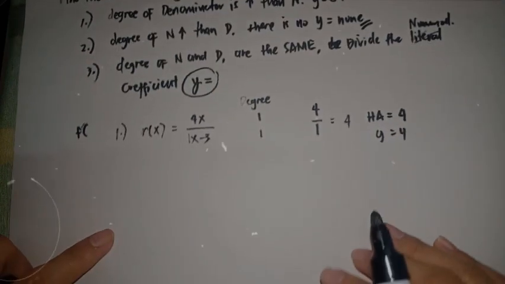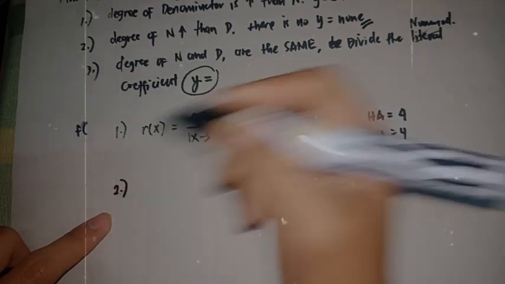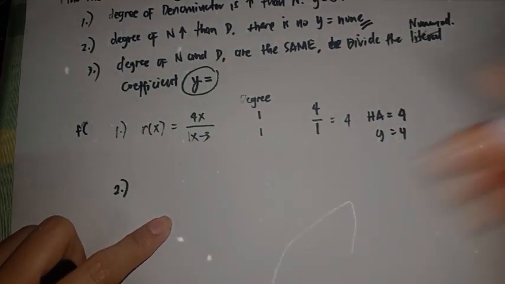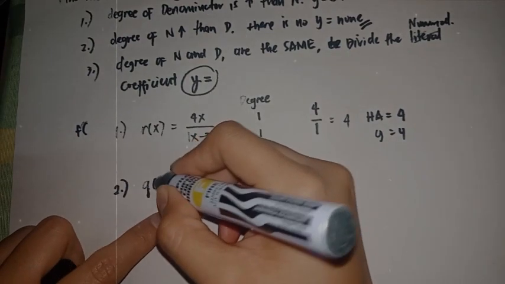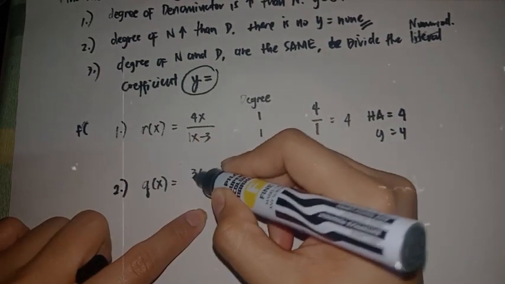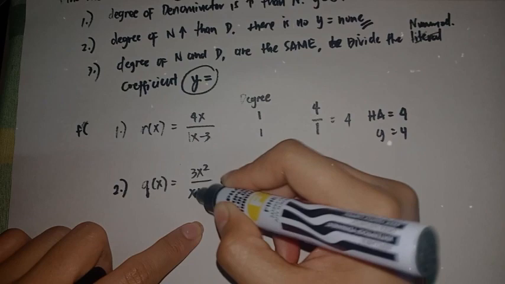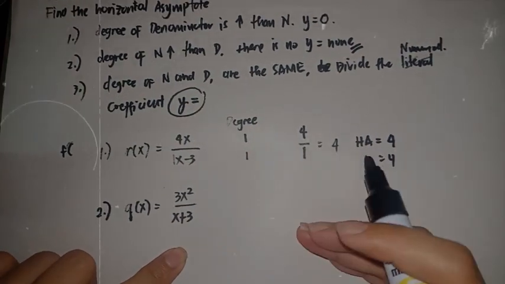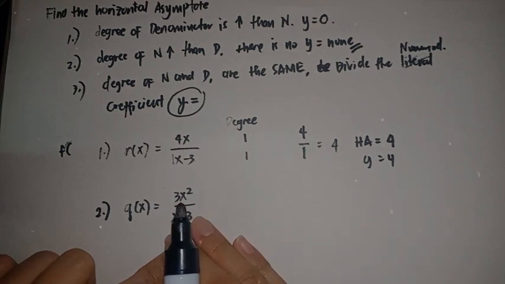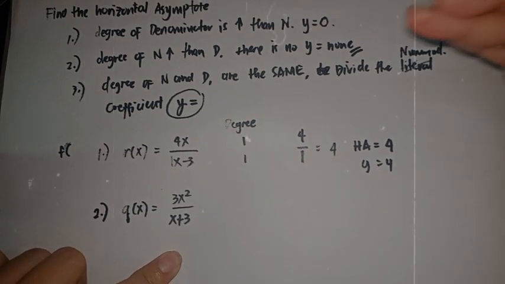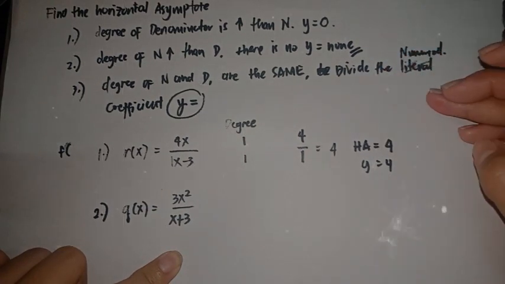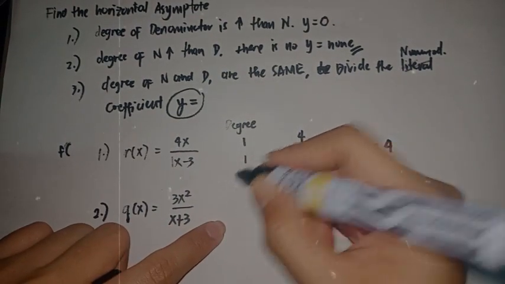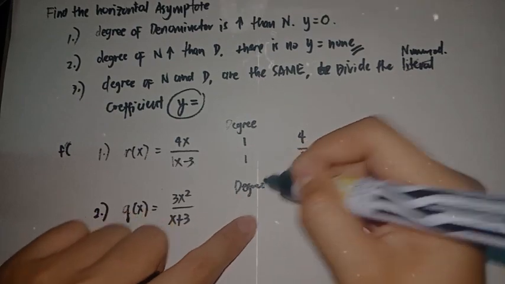Okay, next, number 2. What is our second example? Q of x is equal to 3x squared all over x plus 3. Okay, so which category will this rational function fall? Is it case number 1, case number 2, or case number 3? Let's identify first the degree of our numerator.